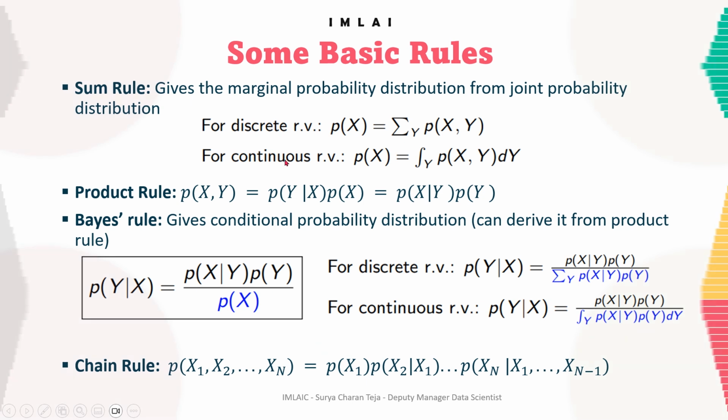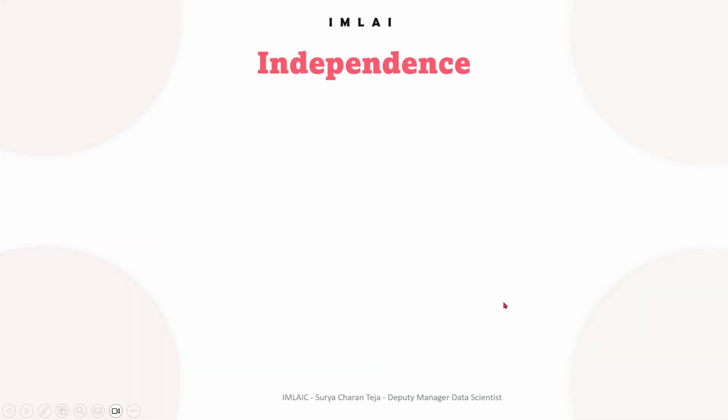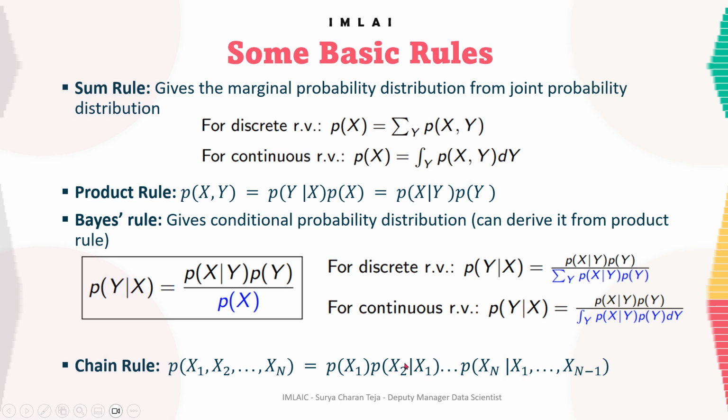Okay, the chain rule is used to compute the joint probability of several random variables by multiplying the conditional probabilities. Whatever you see, these are all multiplications of conditional probabilities only. So for a set of discrete random variables x1, x2, x3, x4, and so on xn, the probability of x1 comma x2 comma x3 and so on xn is equal to the conditional probability of each random variable.